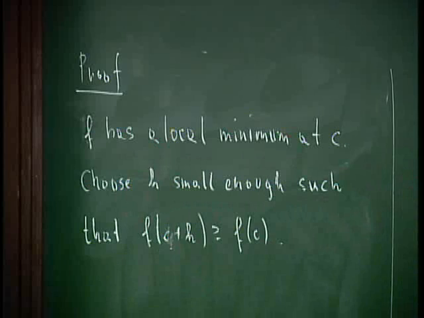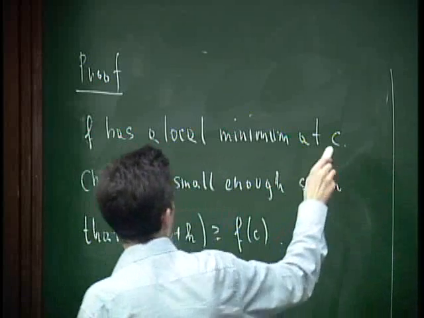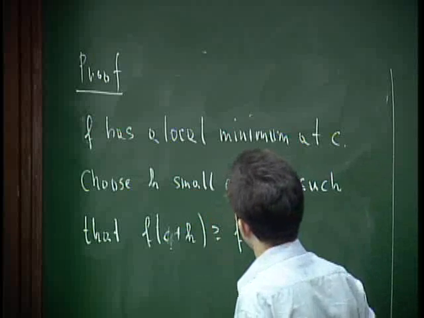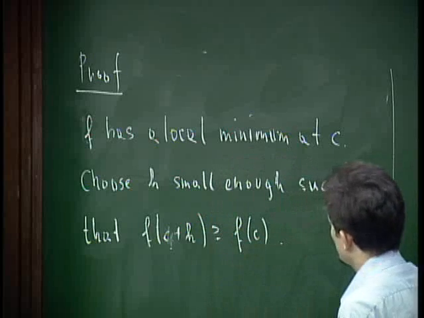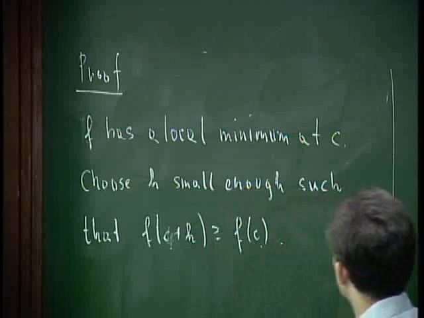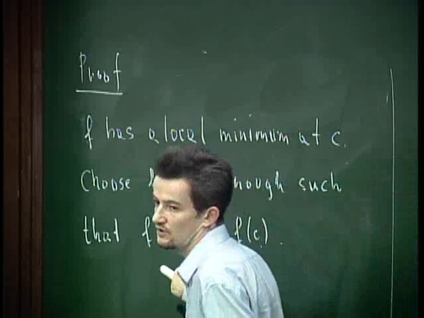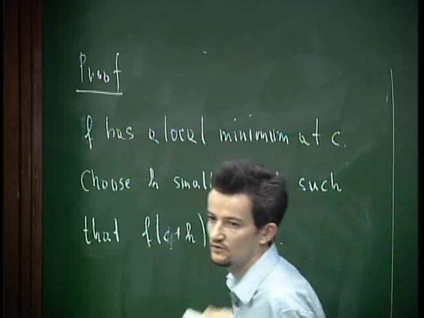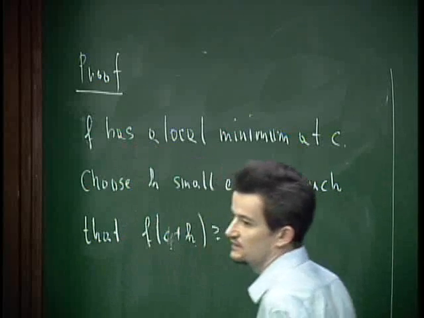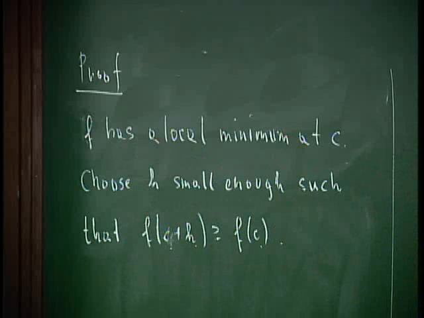Because this extreme value is a local minimum, we know that there exists around c a small interval, and for all x values in this small interval, you have this inequality. So in particular, you can choose a small enough h such that this inequality will hold.